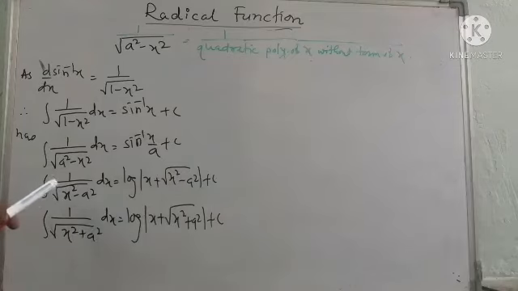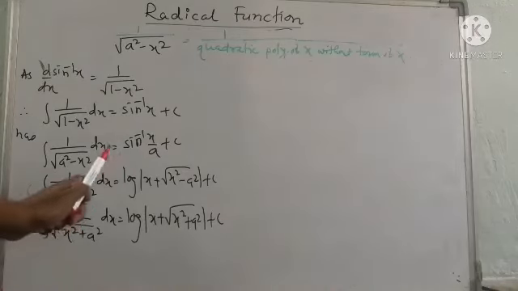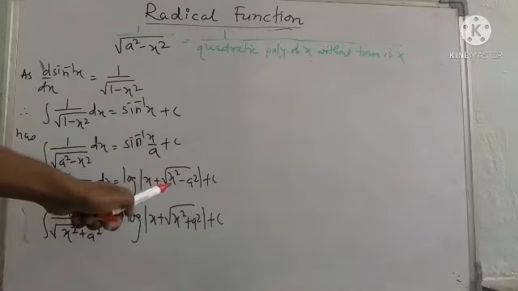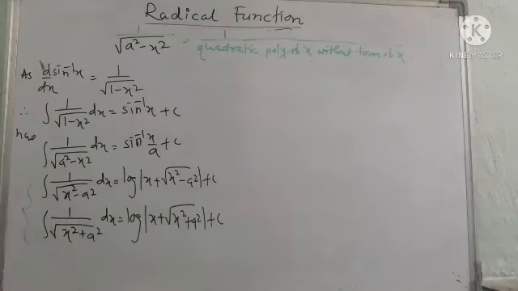These last two forms, root of x square minus a square or root of x square plus a square: in both, the integration is log of mod of variable x plus the denominator root. So remember these formulas. Now we solve the examples.